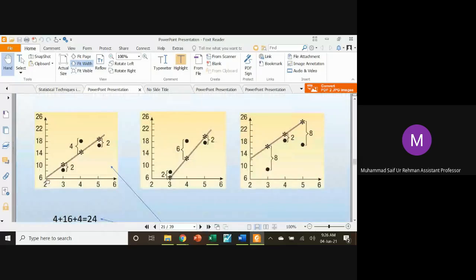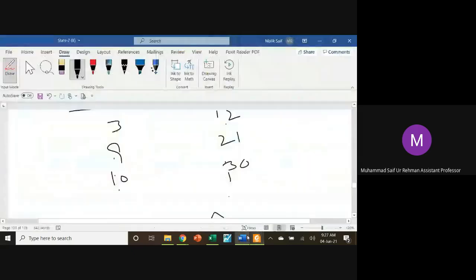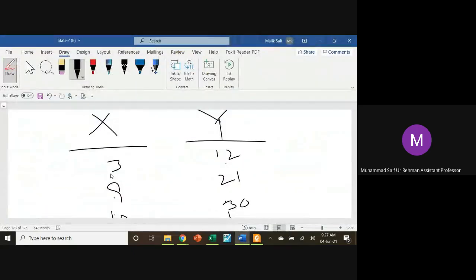The values for y hat will all be on this line. But the actual values are not those values. Let's say against the value of 3, the value of y is 12.